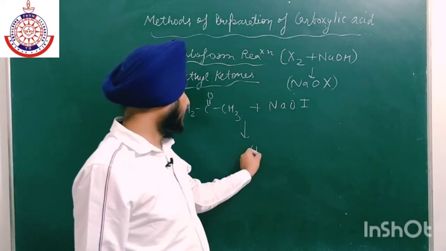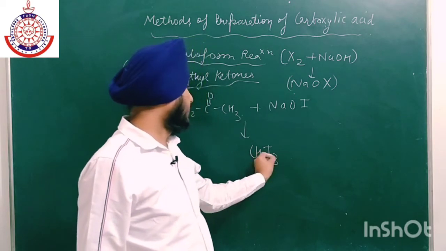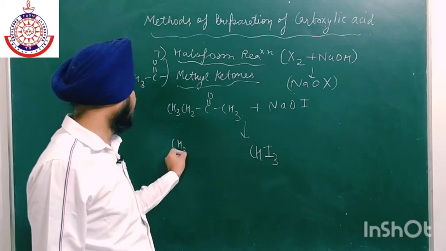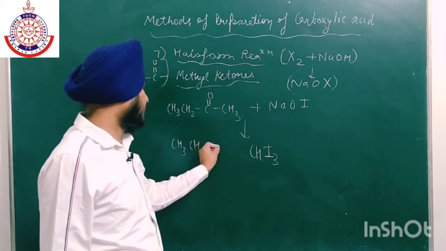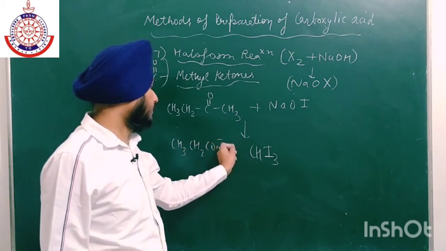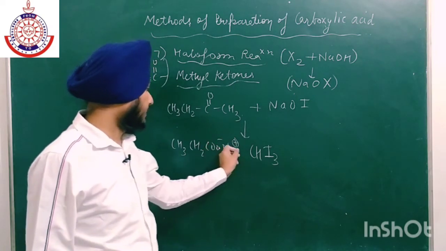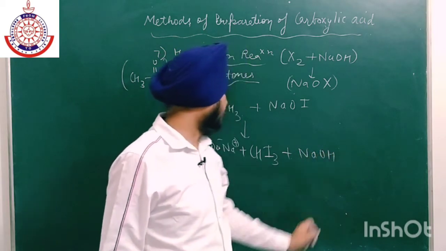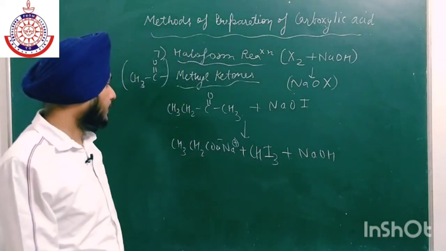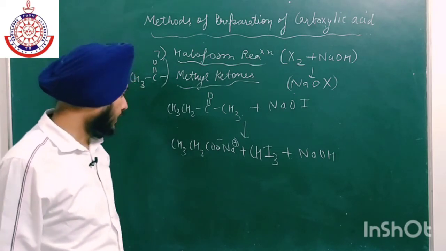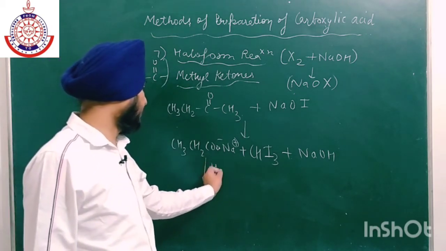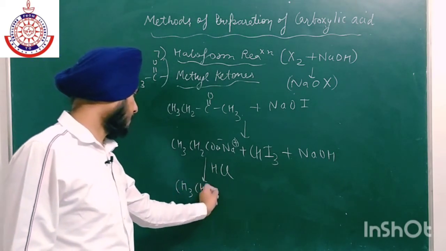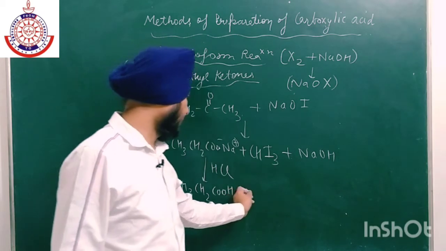Iodoform is CHI3, and we will get the carboxylic acid salt of 3 carbon atoms, CH3CH2COO negative Na positive, plus CHI3, plus NaOH will leave. Then if we react it with HCl, we will get carboxylic acid and NaCl.